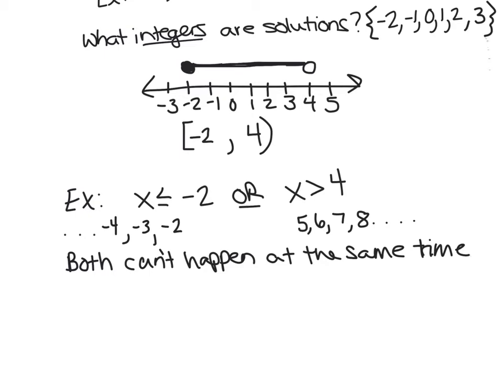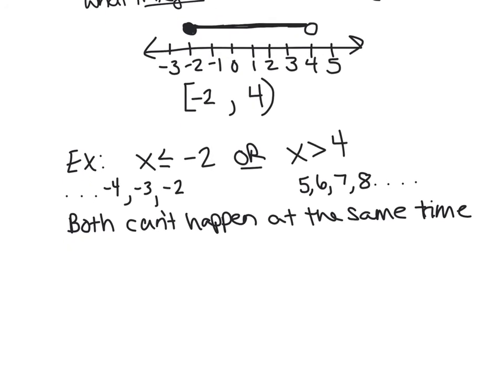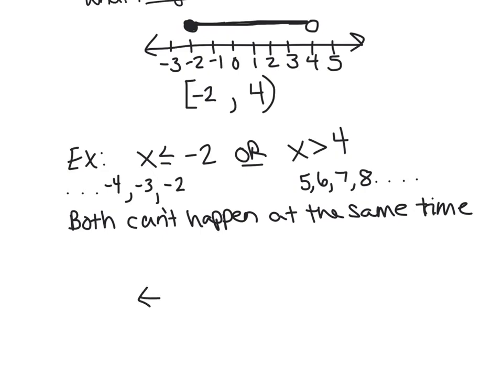But with our "or"s, they can't happen at the same time. So again, we can do a number line for this and interval notation. So here's a number line. We're going to start at -4.